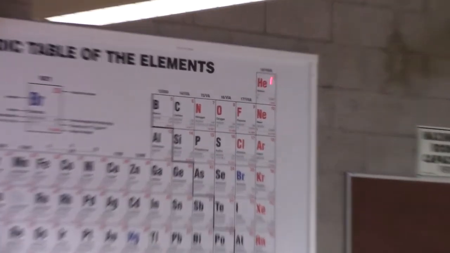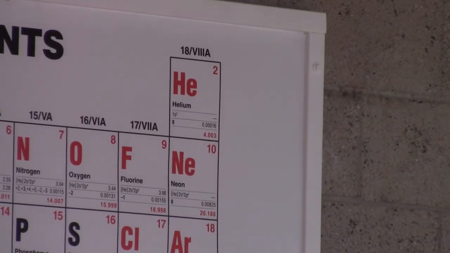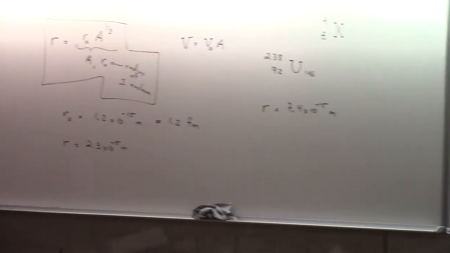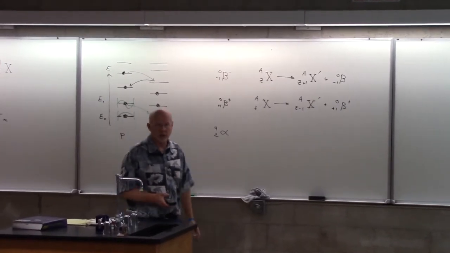So if I come over here and I look at my periodic table, right here, here's helium, helium-2. And helium has 2 protons, and we call it helium-4 because the helium then has this 4 right there, which means it has 2 protons and 2 neutrons. And so the early scientists didn't know what they had. They just called them alpha particles. But the alpha particle is then what today we would call a helium nucleus.